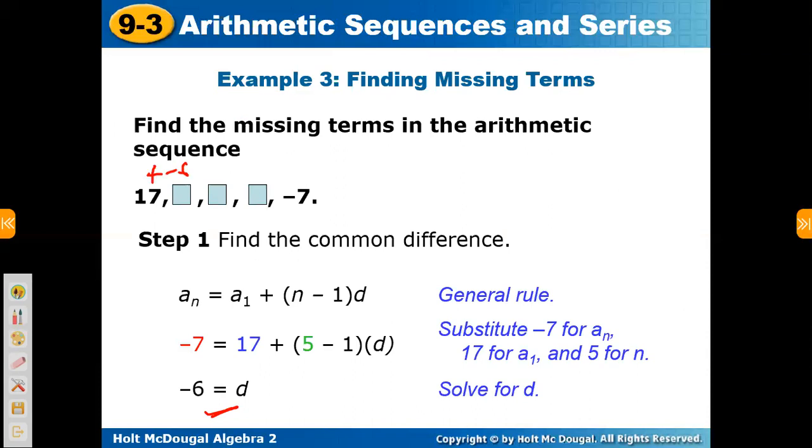Then after I get 11, I will add plus minus 6 again, which will give me 5. Then I have 5, so I add plus minus 6 again, which will give me minus 1. You can also use the general rule of an by substituting a1 and d values for the given terms.